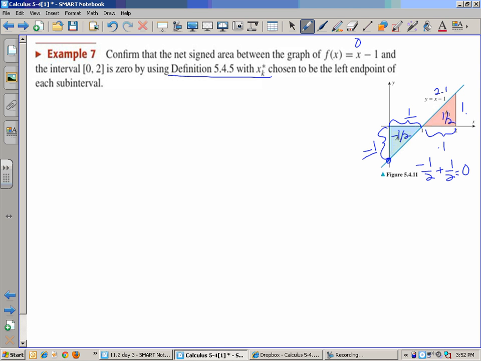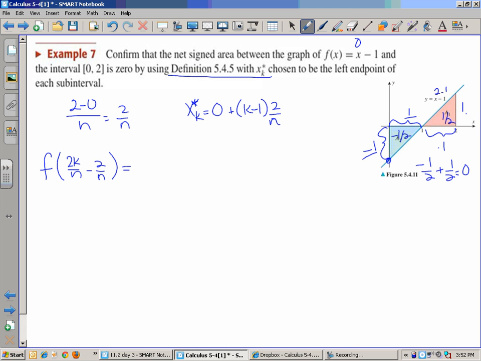Now, if I want to do it the long way, which I do not, I want to say that b minus a over n is 2 over n. And I want to know what my x star is, which for the left endpoint is going to be a plus k minus 1 times the width. So that's going to be 2k over n minus 2 over n, and then minus 1.